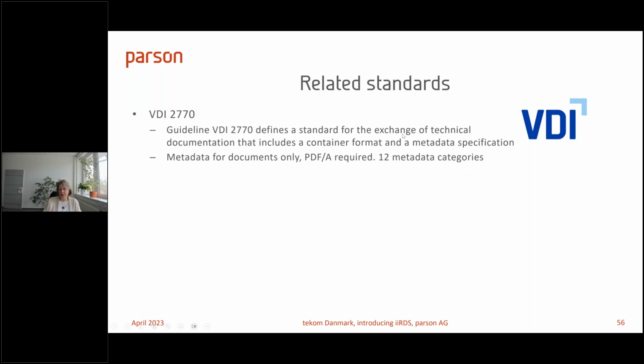They also define an exchange format for technical documentation with a container format and metadata very, very similar to iiRDS. However, you can only assign metadata to documents, not to topics, not to fragments, and they only have 12 metadata categories. We have I think 22 main classes, and then we have a lot of subclasses.